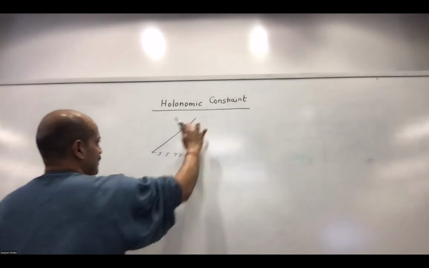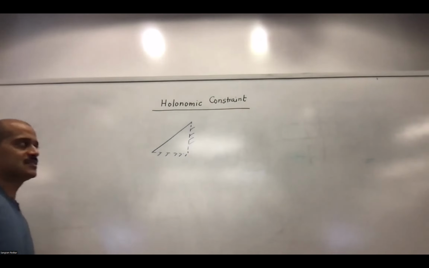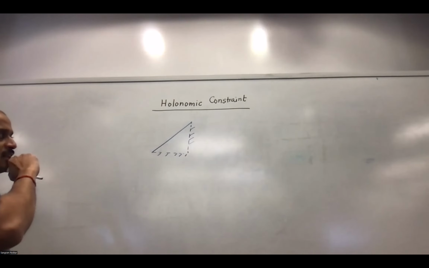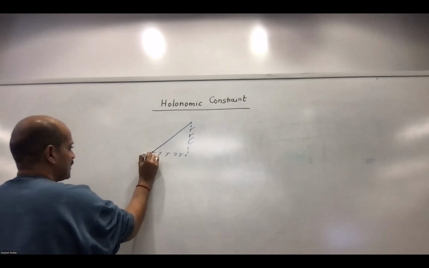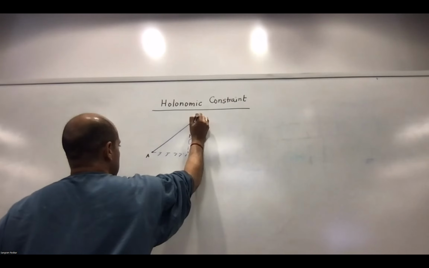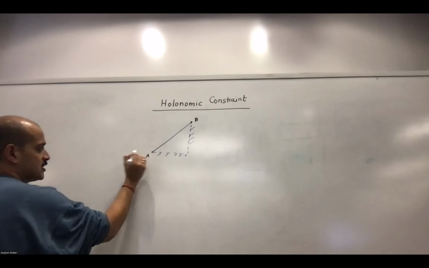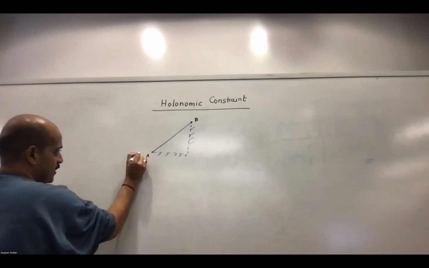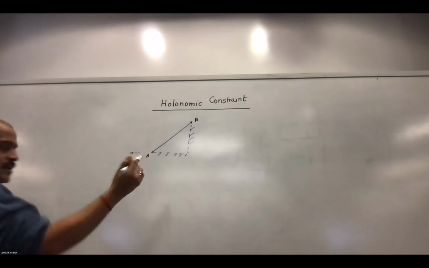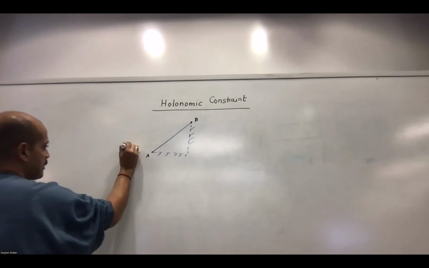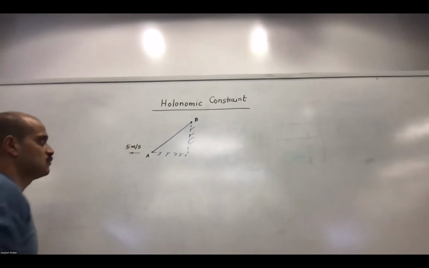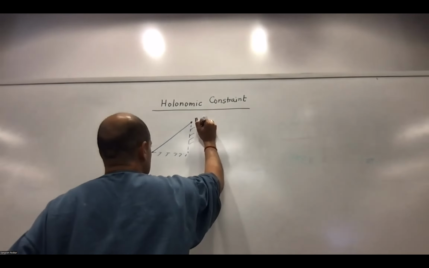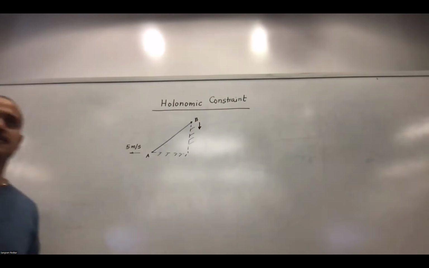This ladder is leaned against the wall, and this is end A and this is end B. The question is, end A starts skidding towards the left with velocity 5 meters per second. Then what would be the velocity of end B? Remember?